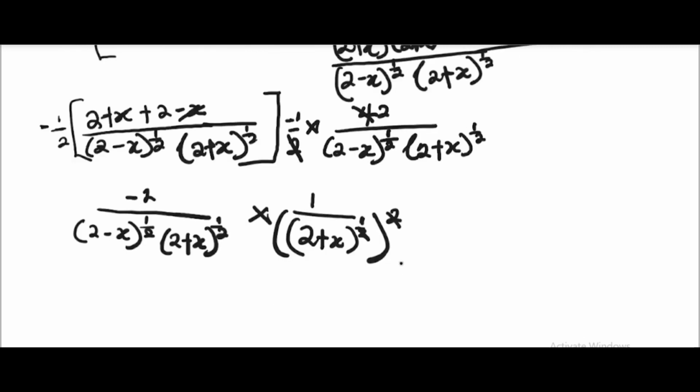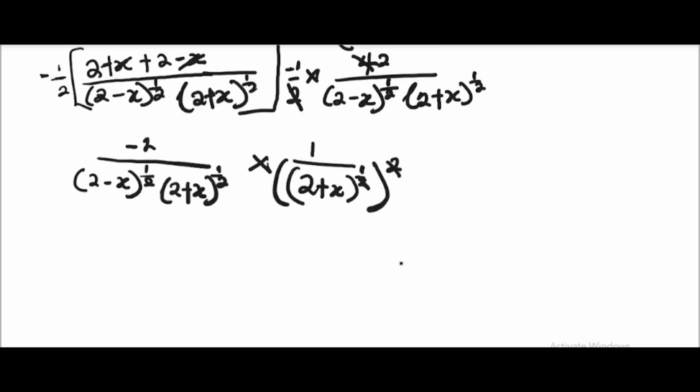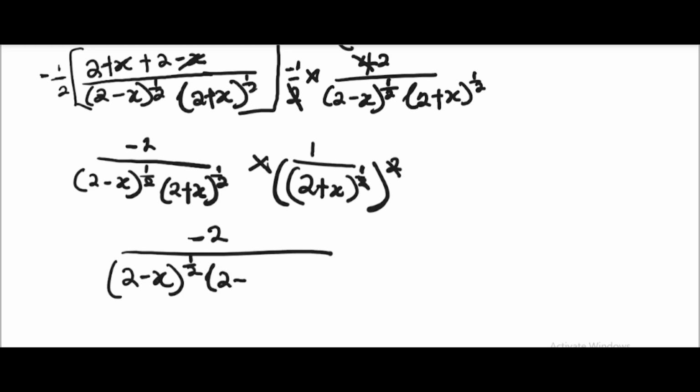So we have 2 plus x minus 2 all over 2 minus x raised to the power of half 2 plus x raised to the power of half times 2 plus x raised to the power of 1.